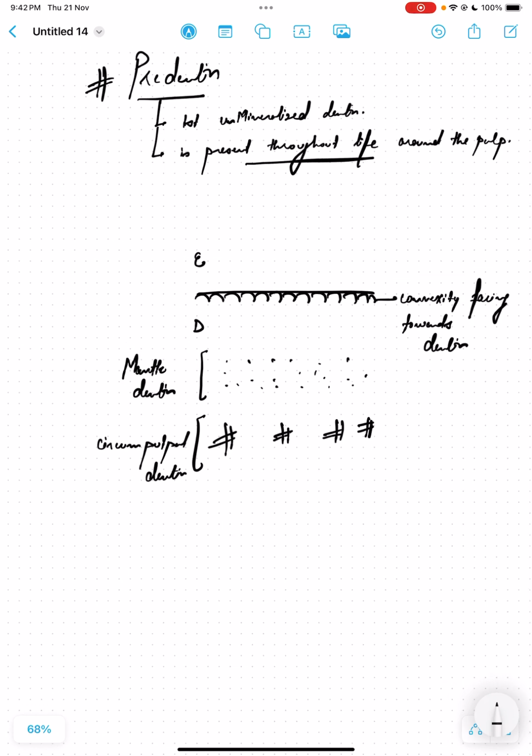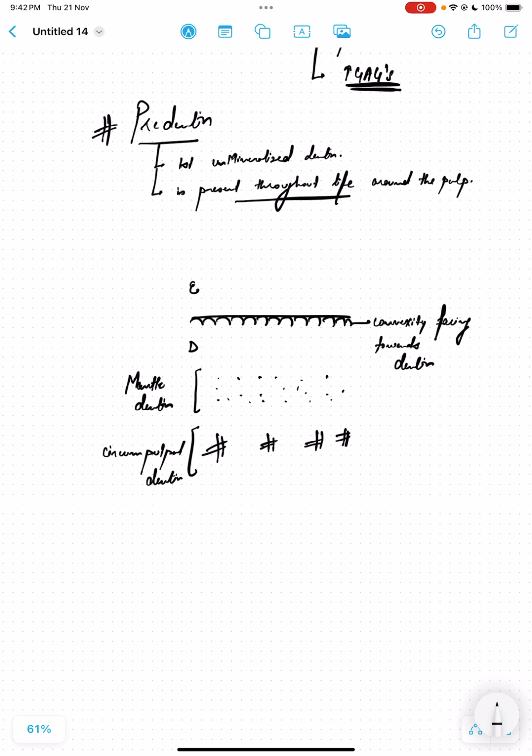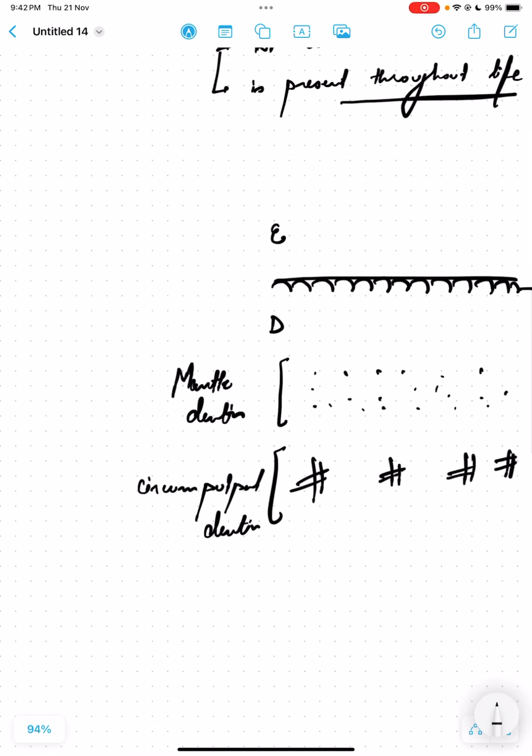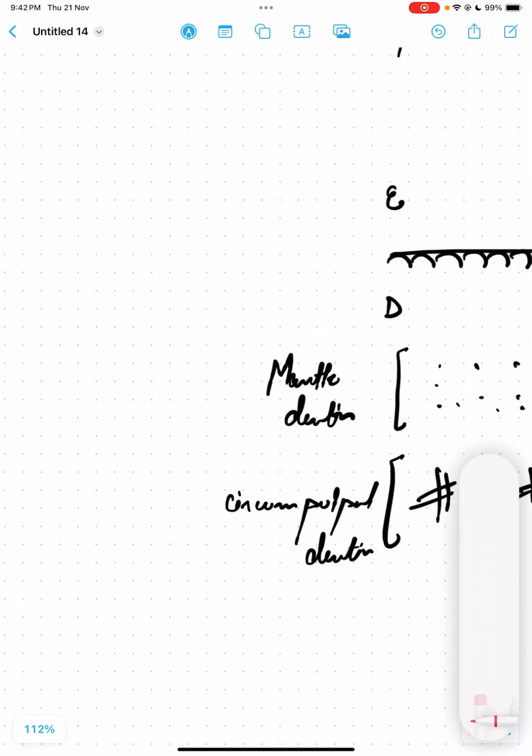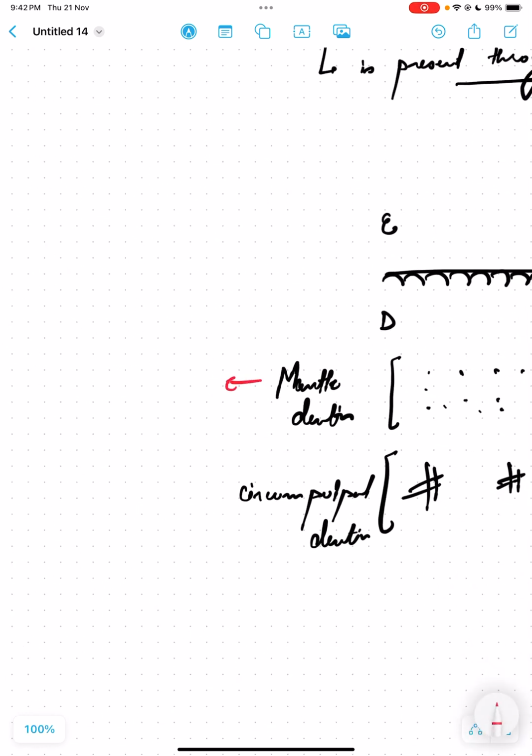What are the important things that you have to remember about mantle dentin? Firstly, it is present immediately below the enamel, and below the mantle dentin is our circumpulpal dentin. What are the features of mantle dentin? Mantle dentin is less mineralized.